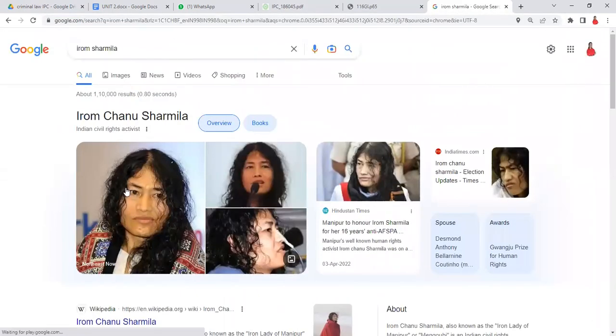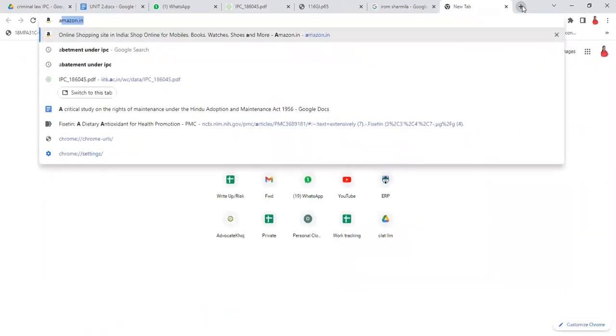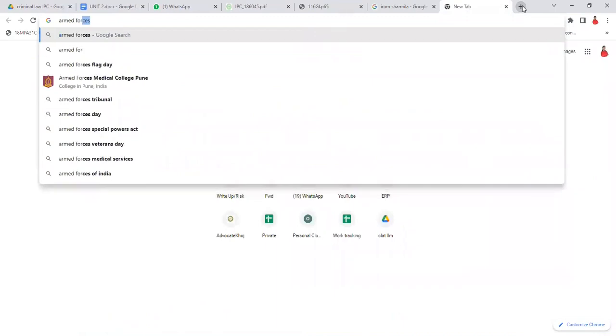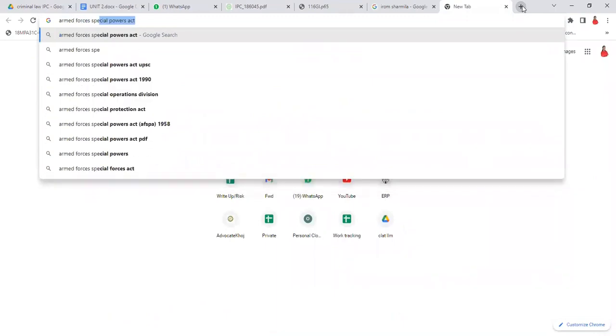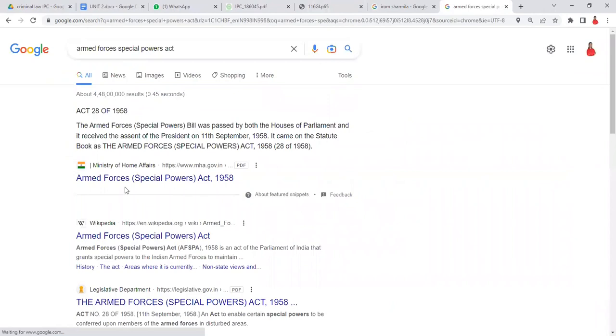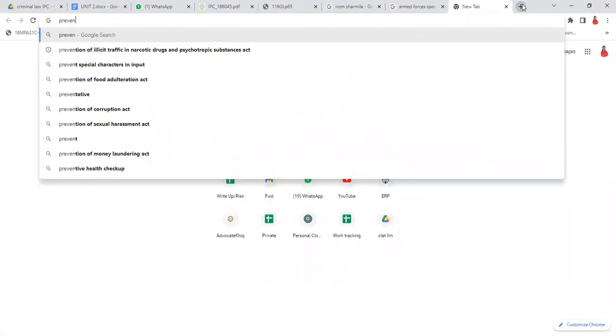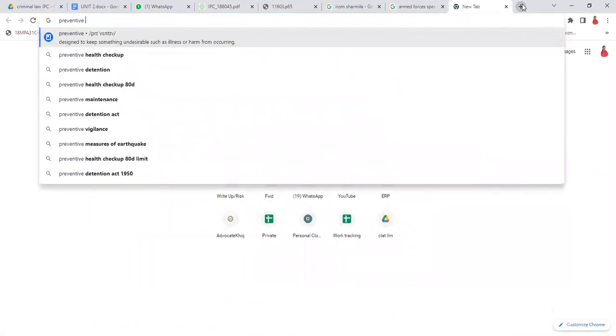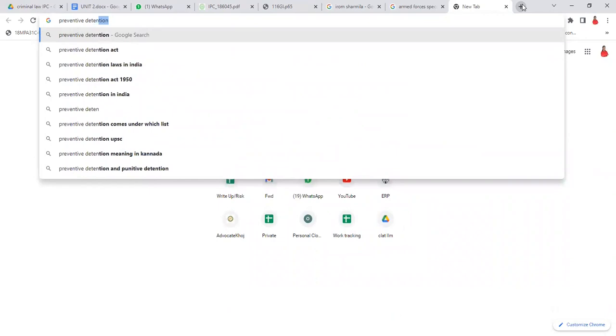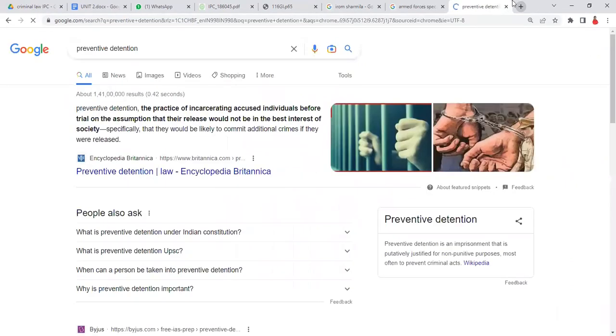Have you heard of Irom Sharmila? There is one legislation, which is called the Armed Forces Special Powers Act. There is a concept called preventive detention. Usually, what happens?